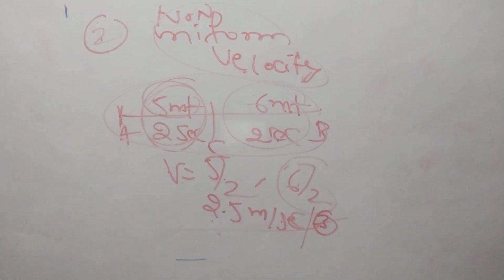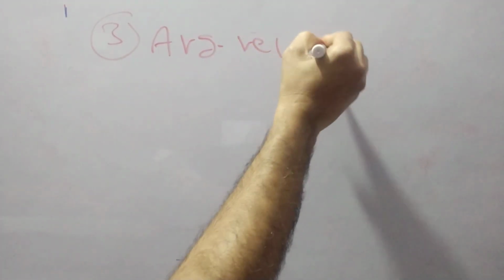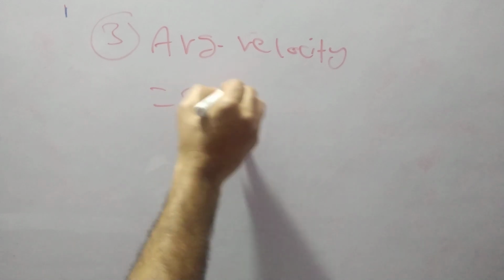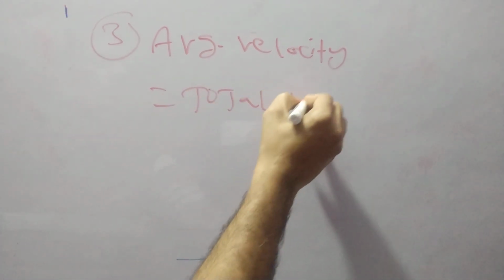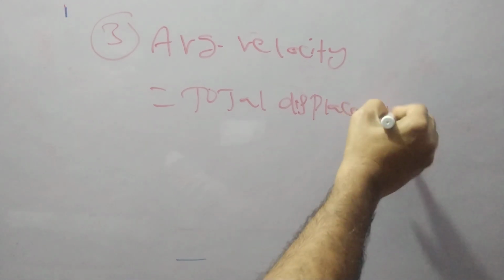Right? Third one is average. What is average velocity? Total displacement by time. In speed it is distance; instead of distance here, displacement will be there.